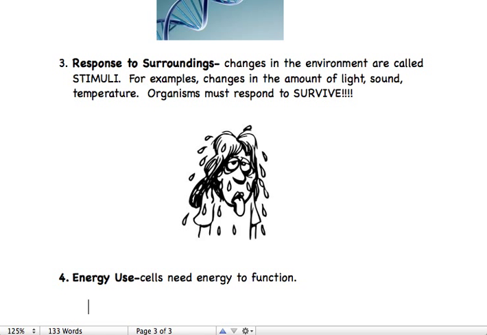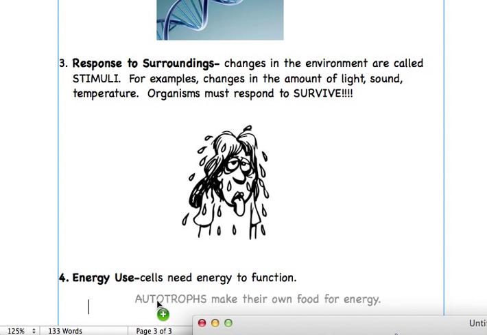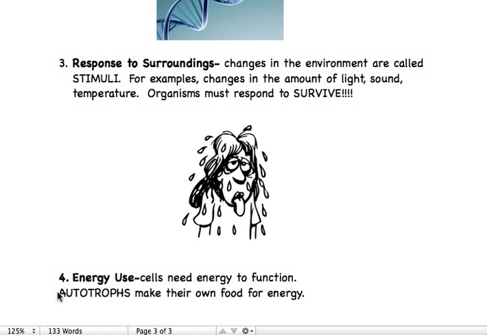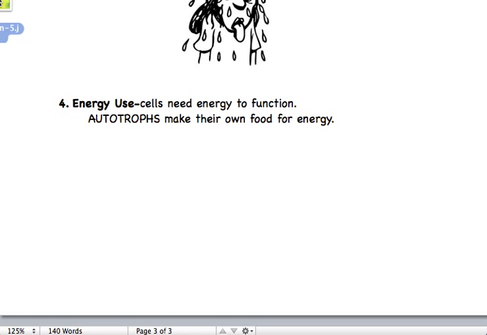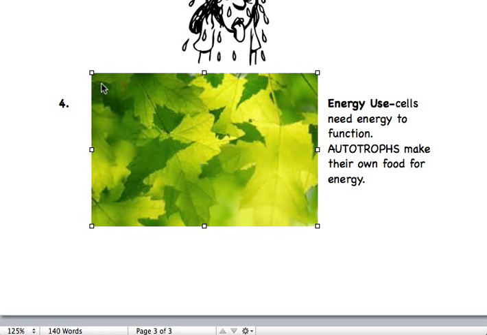The first are called autotrophs. And it's a fancy name. Auto is a word that means self, and troph means nutrition. So autotrophs make their own food for energy, and it sounds really complicated, but if you think about it, plants are autotrophs.